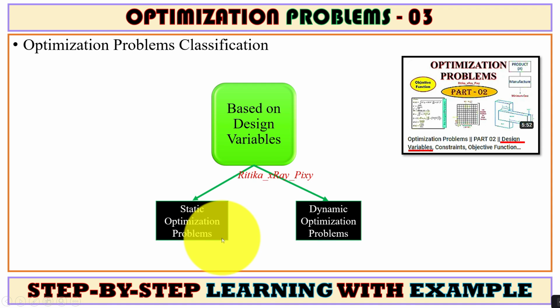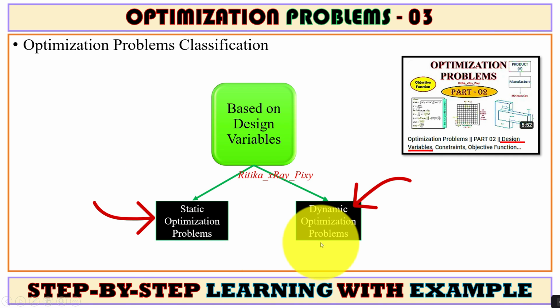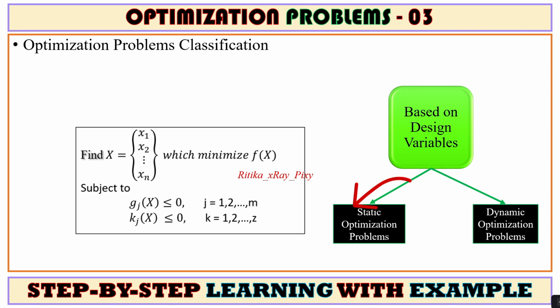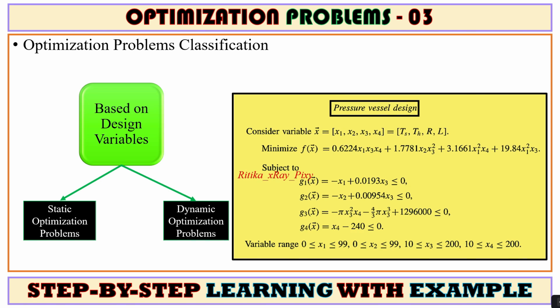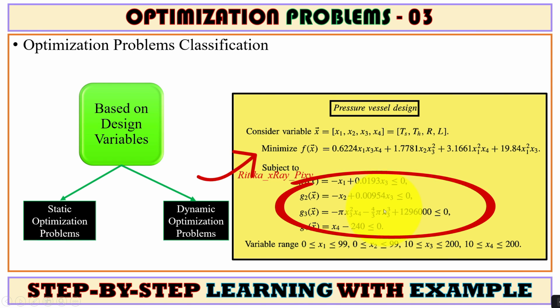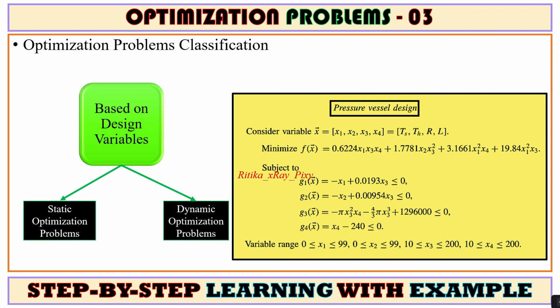Next classification is done based on design variables that we already discussed in previous video. Based on design variables, optimization problems are further categorized as static optimization problems and dynamic optimization problems. Here either find out the values to a set of design variables that provide minimum specified function of these variables subject to certain constraints, or the objective is to find a set of design variables that minimize an objective function under a set of constraints, all of which are continuous functions of some other variables.